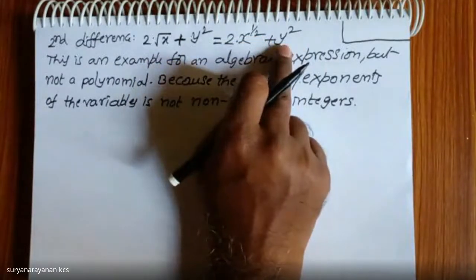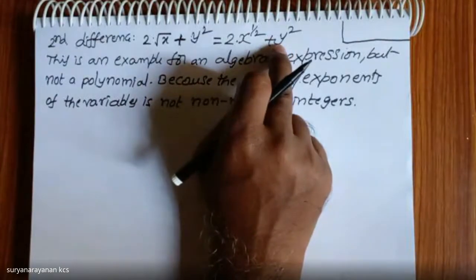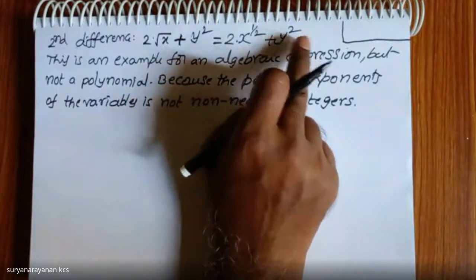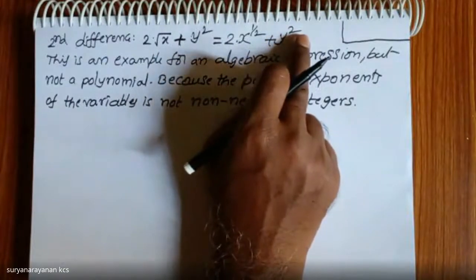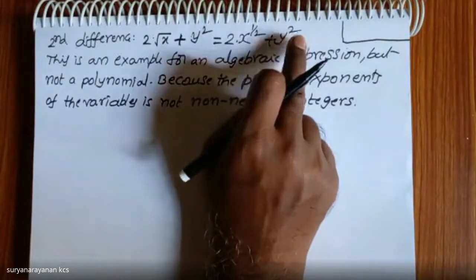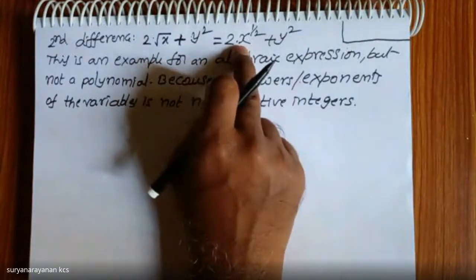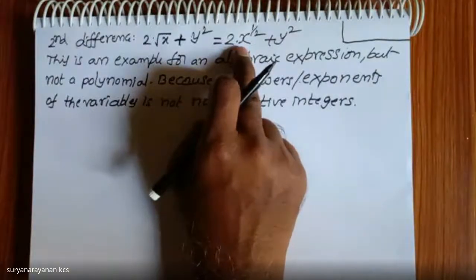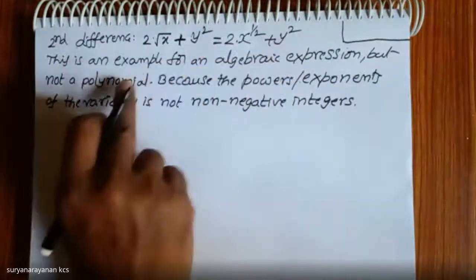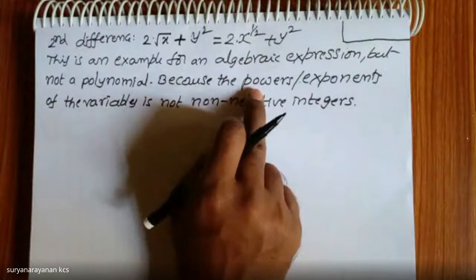Whereas in this case, the exponent of the variable y is a non-negative integer. It is okay. In the case of the y variable, it is okay. But in the case of x, that condition has failed. That is why we say that this mathematical sentence is not a polynomial.